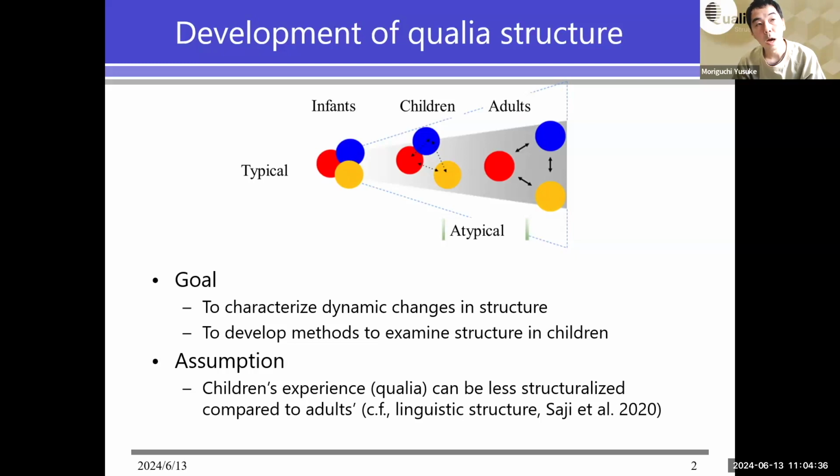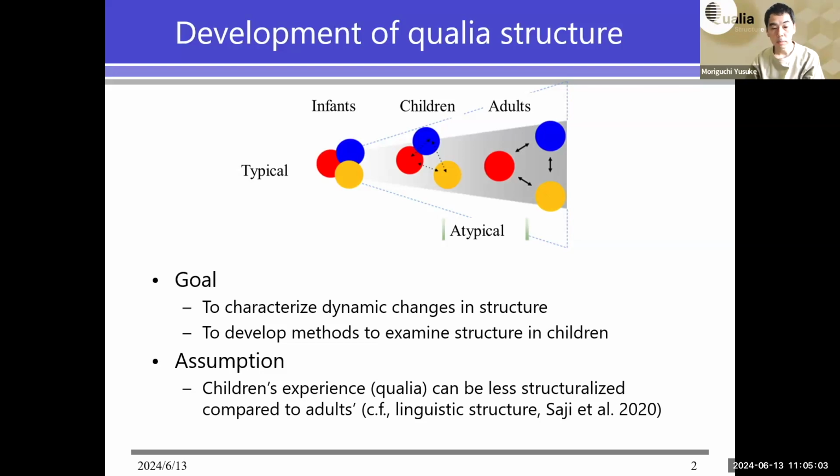So the aim of our project has two main goals. One is to characterize dynamic changes in Qstr structure, and the second is to develop methods to examine the structure of Qstr in young children. Our general assumption is that children's experience of Qualia is less structuralized compared to adults.